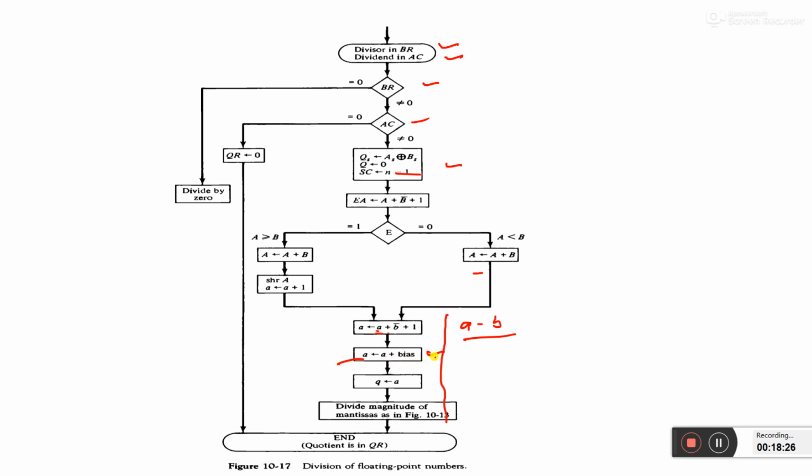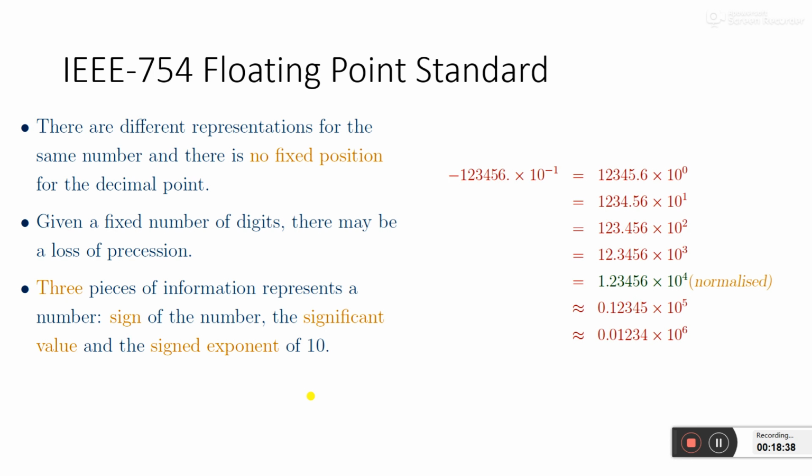I will tell you what bias is. Q tends to A, and then the normal divide operation which we have already seen will be done, and that is the end of this operation. So this was the floating point arithmetic.